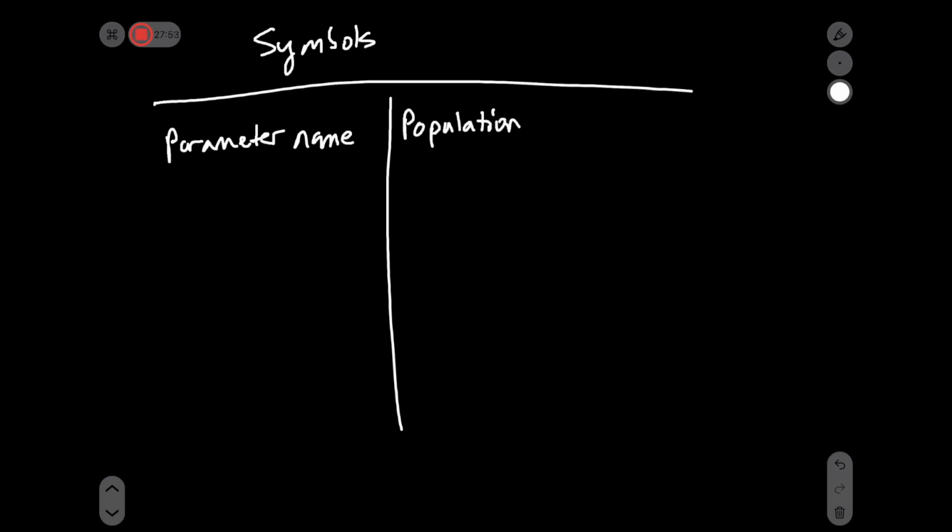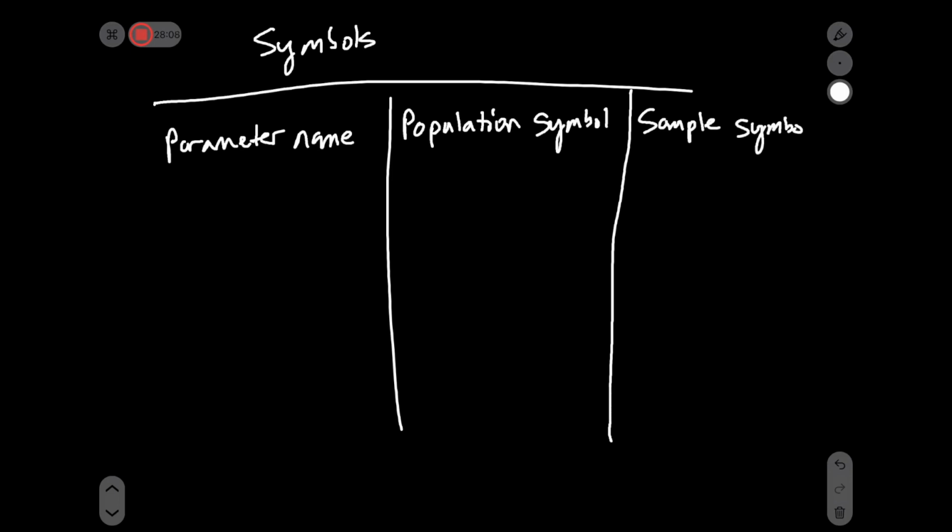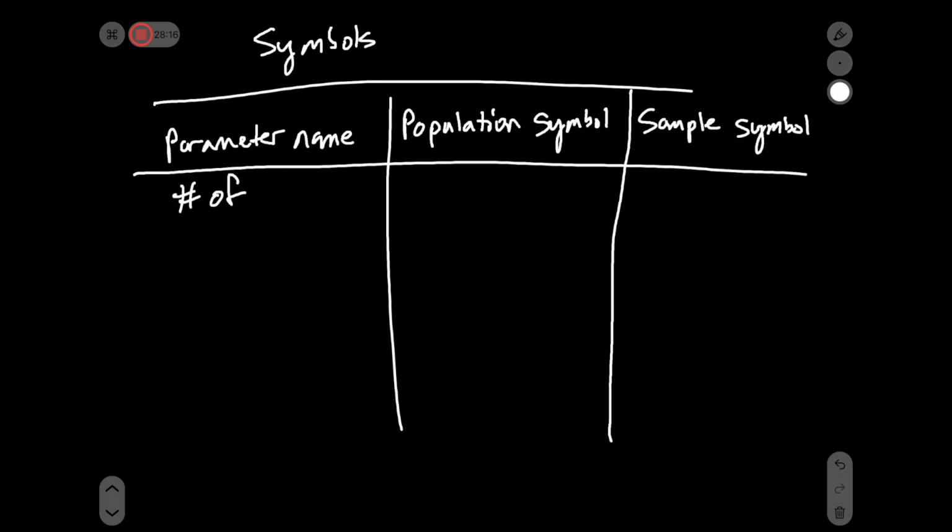Okay, and this is the population parameter symbol. And when we're dealing with just a sample of the population.